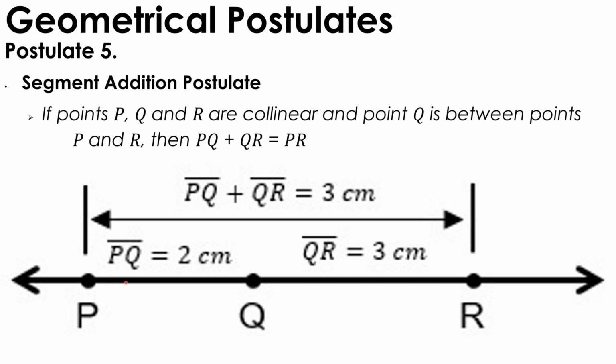So, this is the same with our definition earlier, definition of between. So, this is also called segment addition postulate. So, segment PQ is equal to 2 cm and segment QR is equal to 3 cm. When you combine the two segments, the total is 5 cm. So that is also line PR.